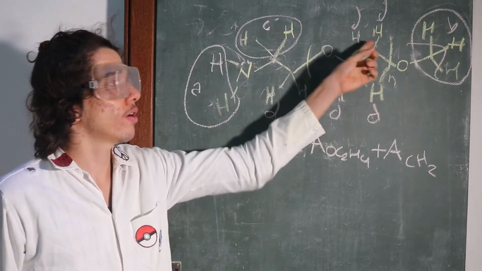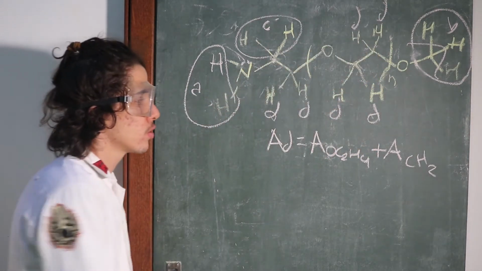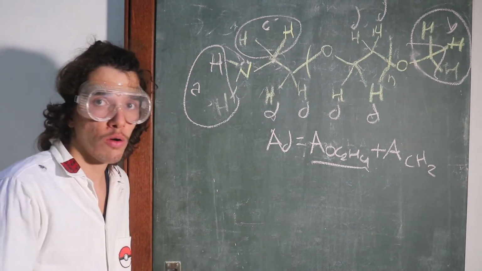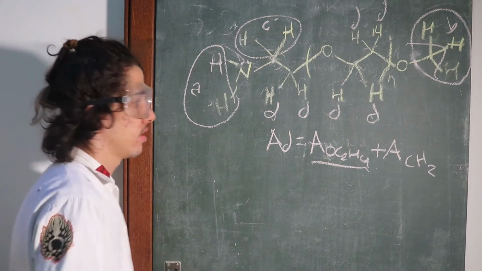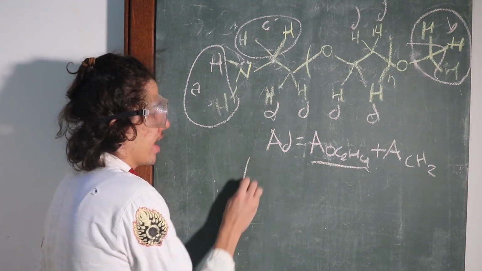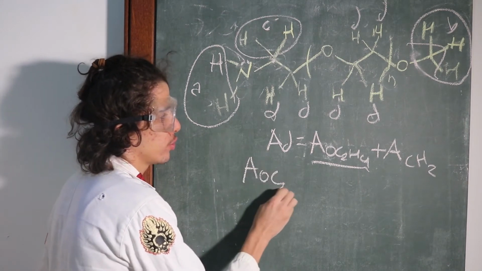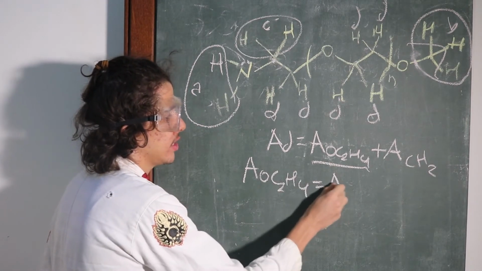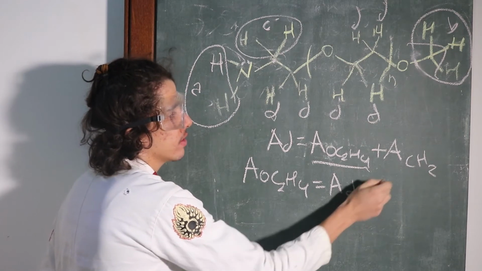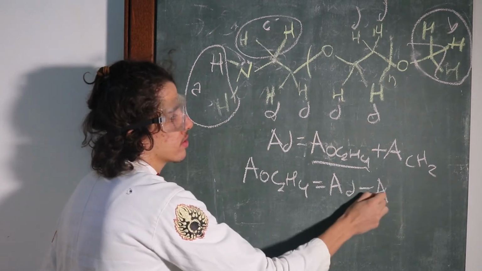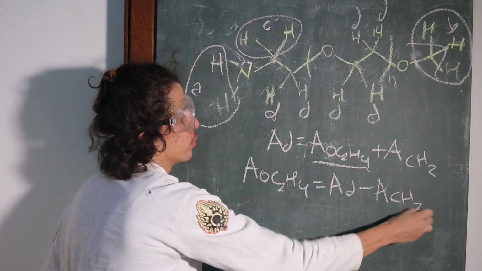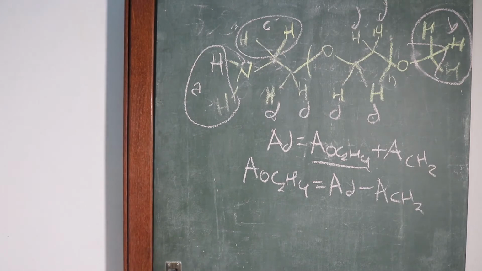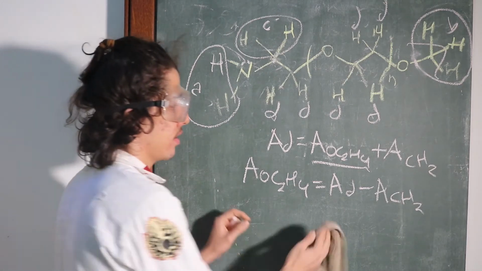Because every one of them is D. So we only want this one for our function, and let's calculate it. Then A(OC2H4) is going to be equal to A_D, moving to the other side, minus A(CH2). Okay? Just change things around and we can calculate it now.